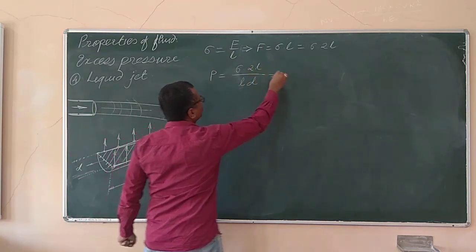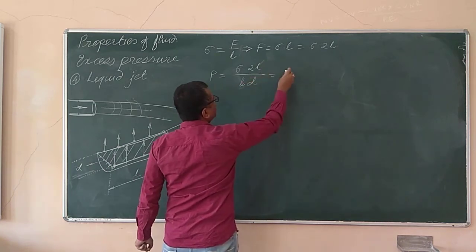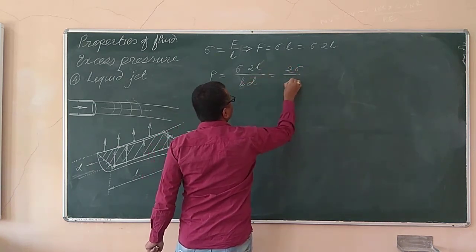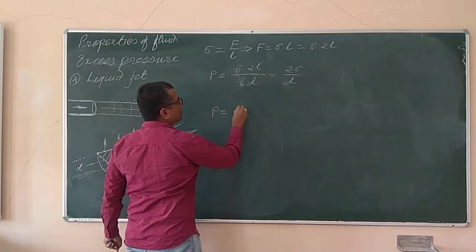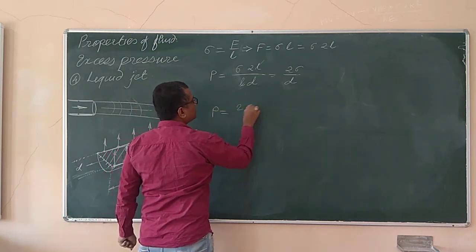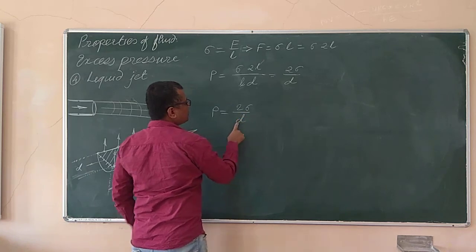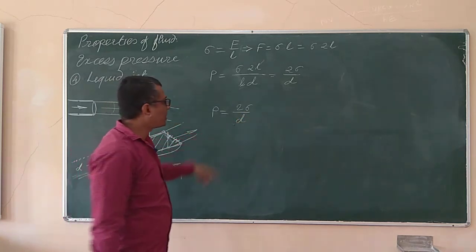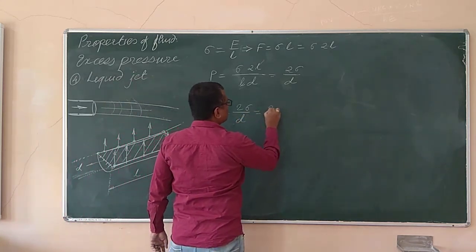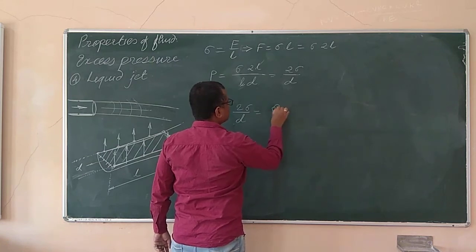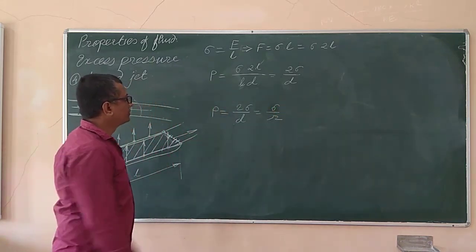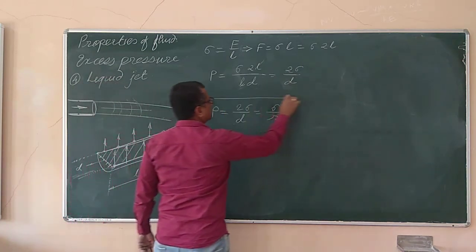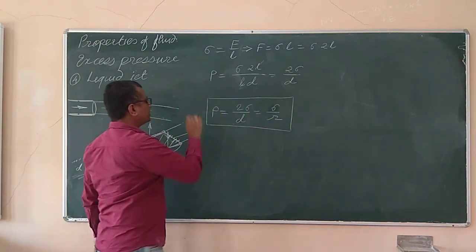So L will get cancelled from numerator and denominator, twice of sigma by d. So the excess pressure P is equal to twice of sigma by d. So d can be expressed as twice of r. So this will be equal to sigma divided by r. So that is the formula for the excess pressure inside a liquid jet.